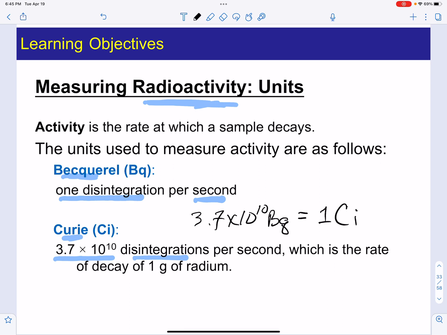So that's how many disintegrations per second happen in a curie or a becquerel. Just keep in mind that these are units of measuring radioactive decay.